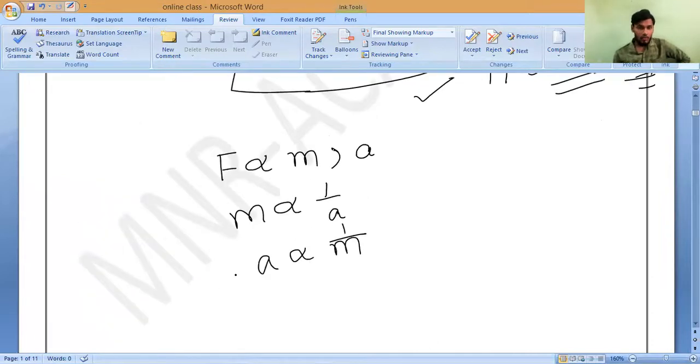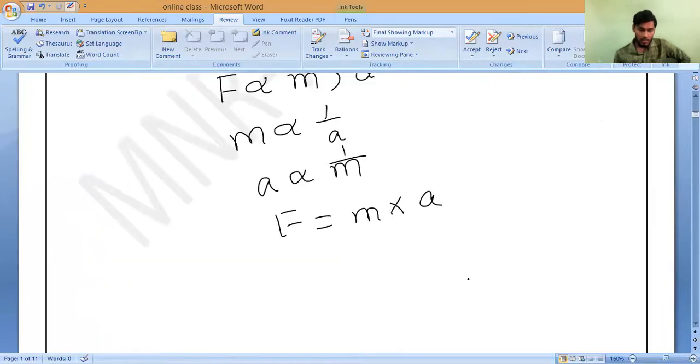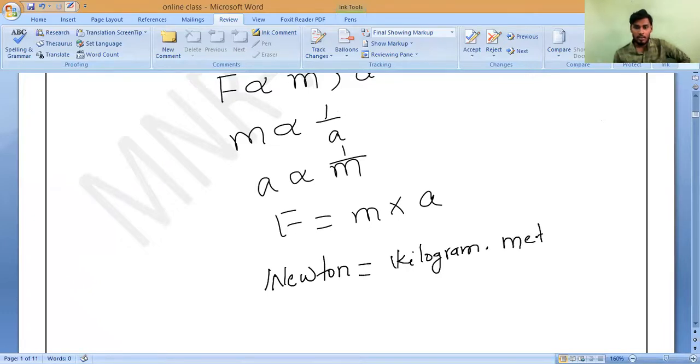And here, force is equal to mass into acceleration. Force unit is Newton. So I can write 1 Newton is equal to 1 kilogram into 1 meter per second square. Is it yes or no? Yes, sir.